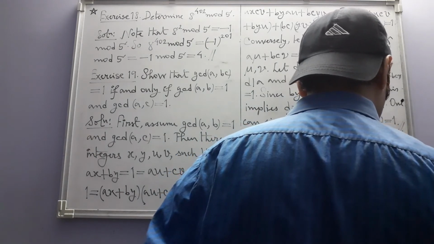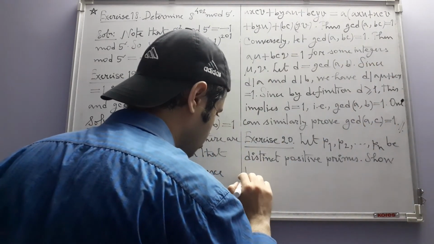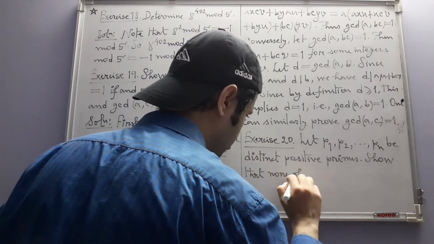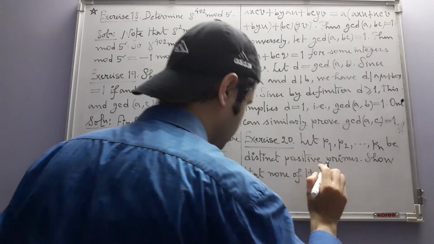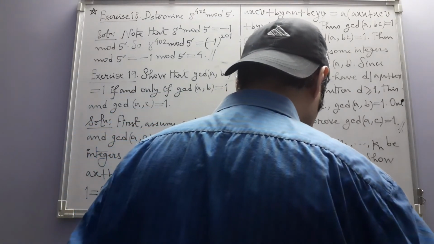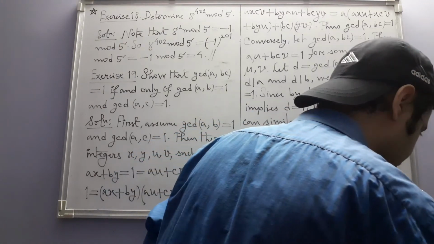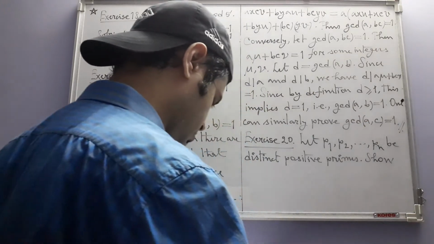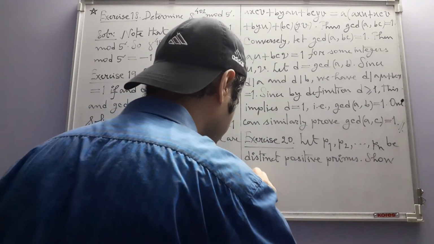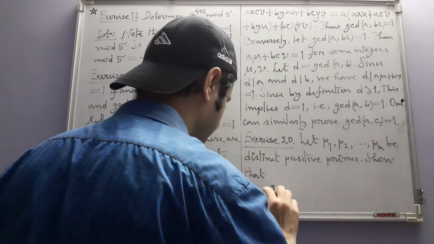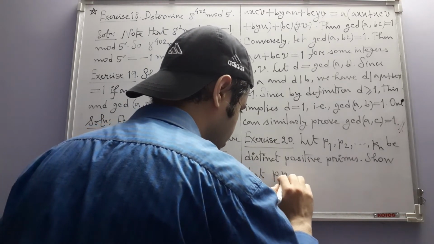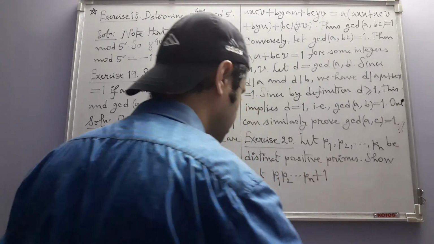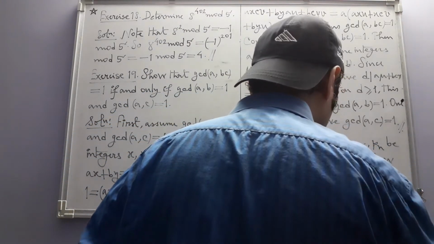Show that this number, P1 times P2 times P3 etc. up to Pn plus 1, is divisible by none of these primes.